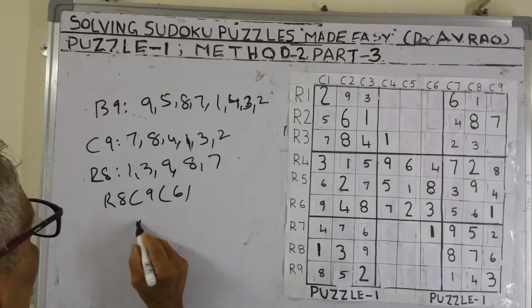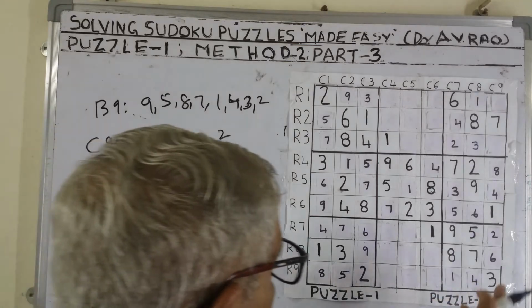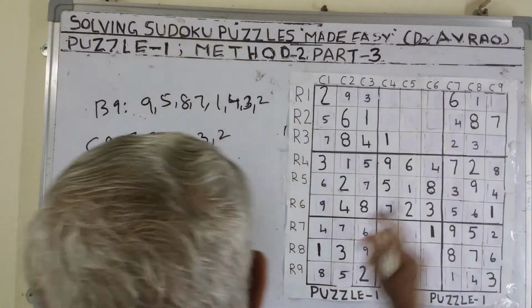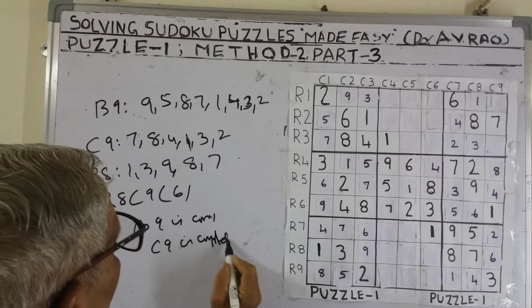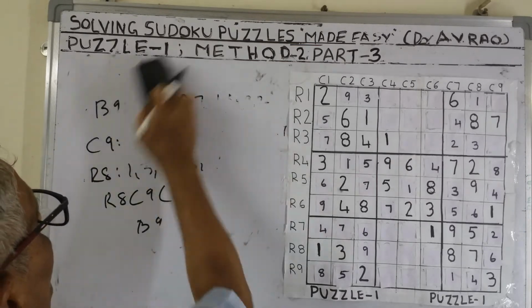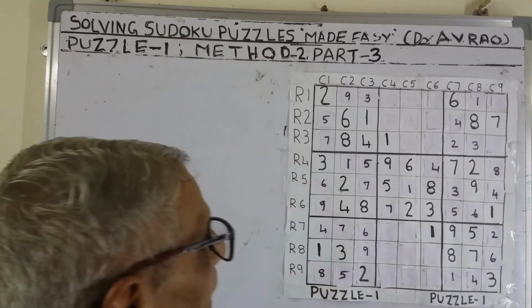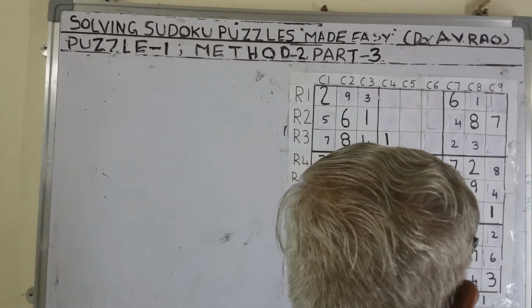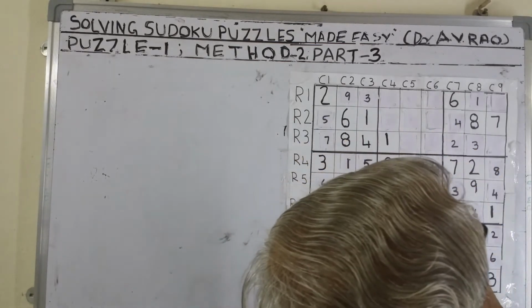So the box is completed, and C9 is also completed. Friends, now we are having some difficulty because these cells are to be filled up which are having the maximum number of.